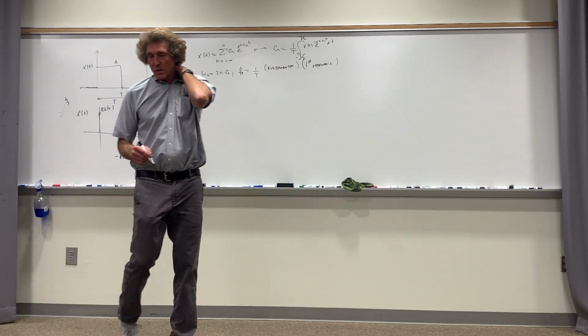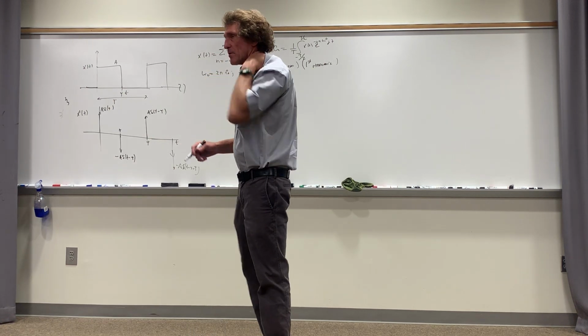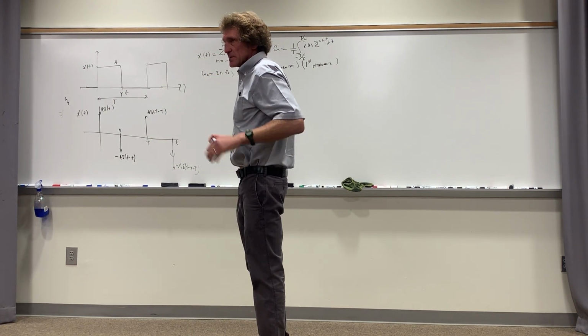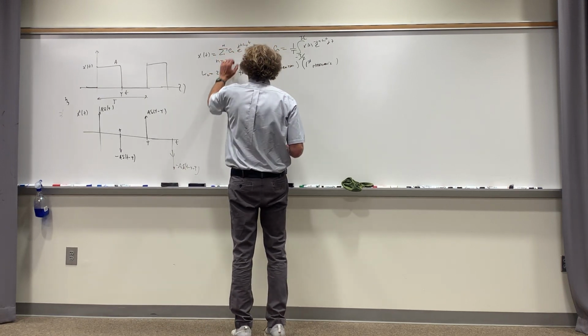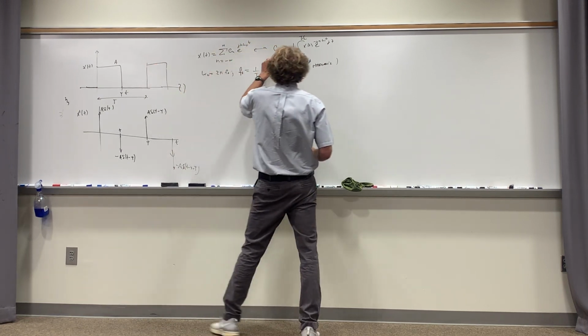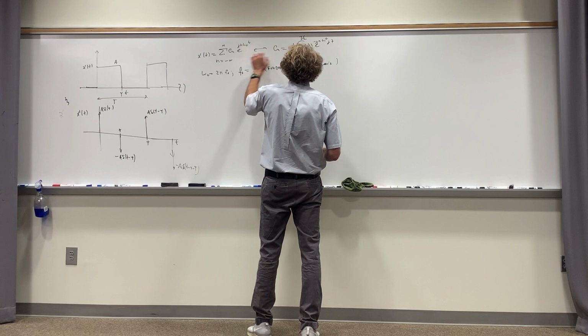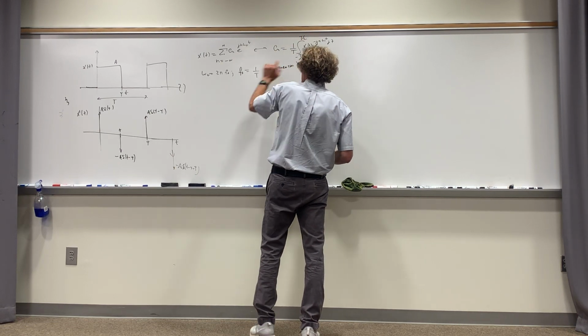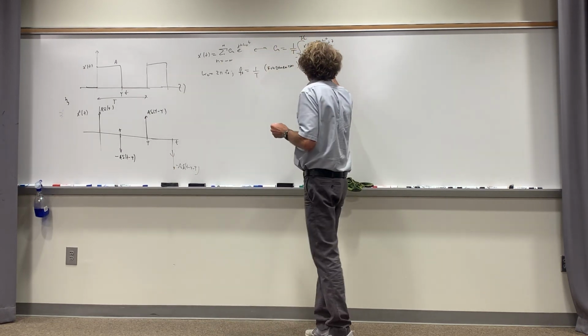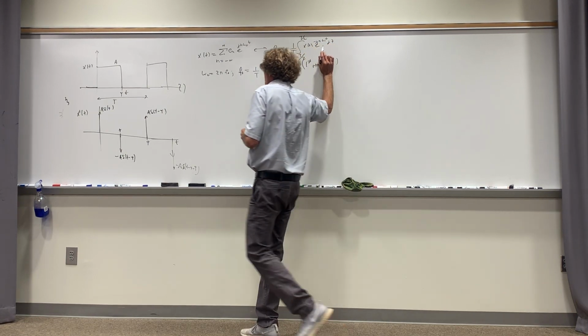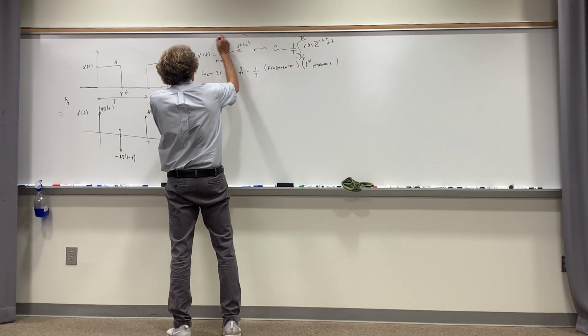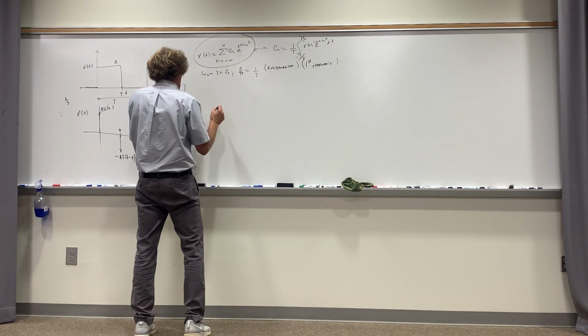Now, please watch this part. People often don't appreciate this unless they catch the details. Well, if this is true here, this is a Fourier series representation of this waveform, where the c of n that goes here is just this. It's the integral of this function times e to the minus j n omega naught t. Correct, class? All right, well, take a derivative of this with respect to t. What do you get?